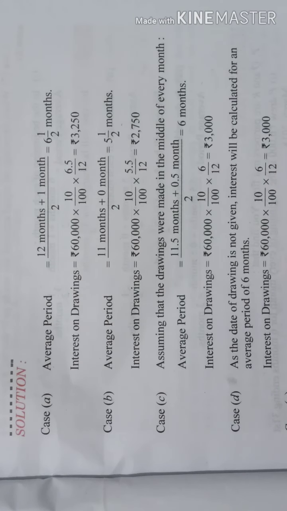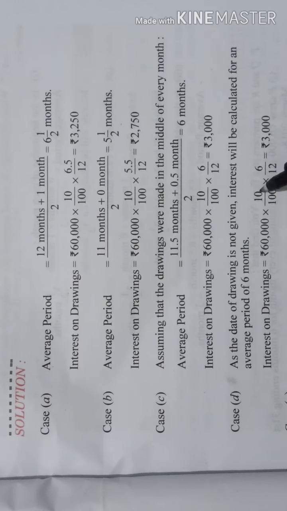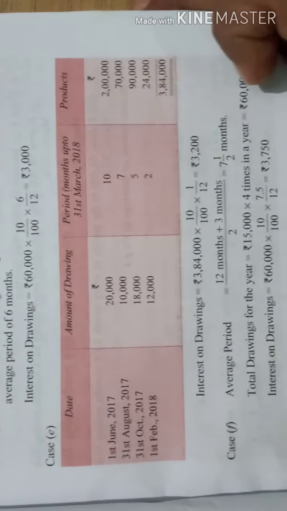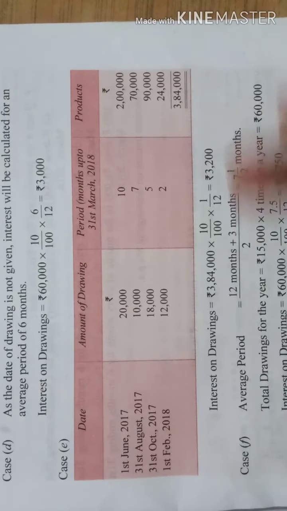In this condition, you will take total drawings, that is 60,000, and rate of interest, that is 10 by 12, and in this case, particularly where the time period is not specified, you will take 6 by 12, that is half of it. Okay, so you will take 6 by 12 in the condition when the time period is not given. Am I clear?